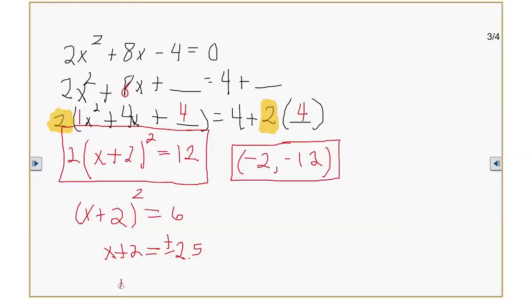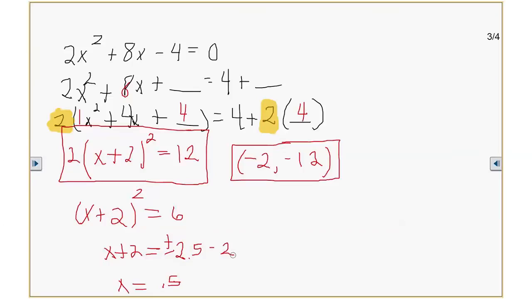So x is equal to, what is 2.5 minus 2? 0.5. So 0.5 is one x-intercept. I thought it would be -2 plus or minus 2.5. Because you were. That's what I'm doing. Bring that over here. It'd be a -2.